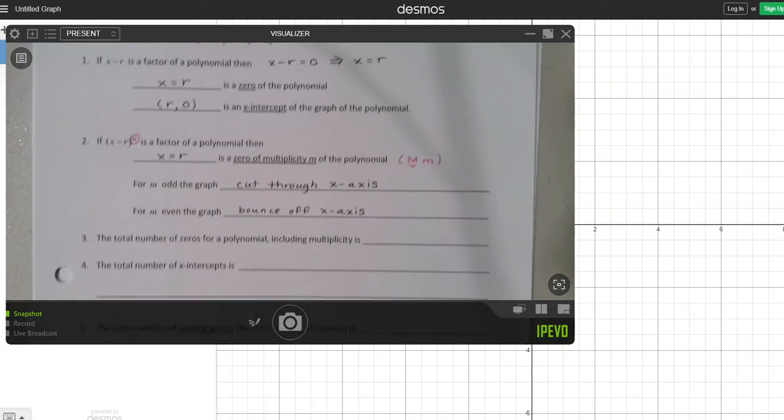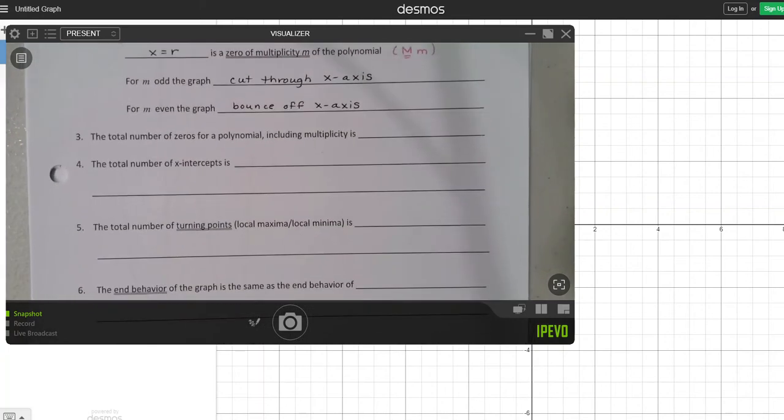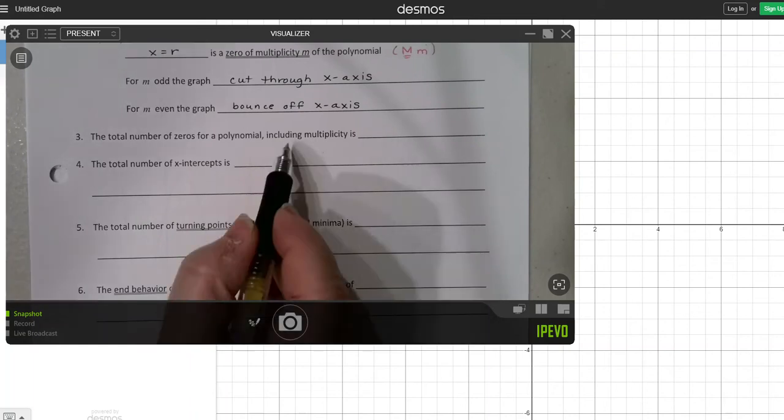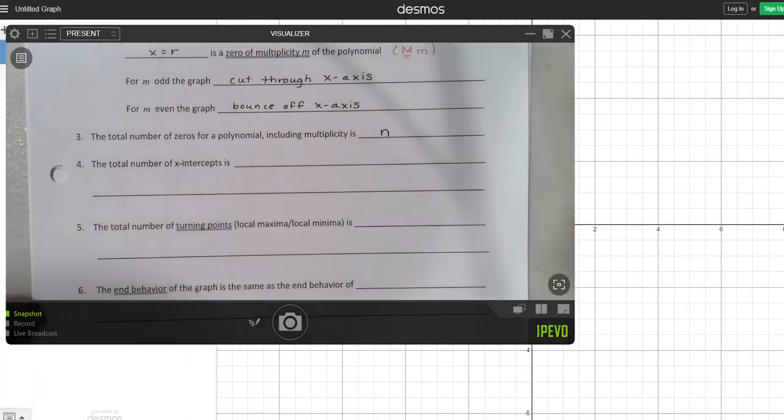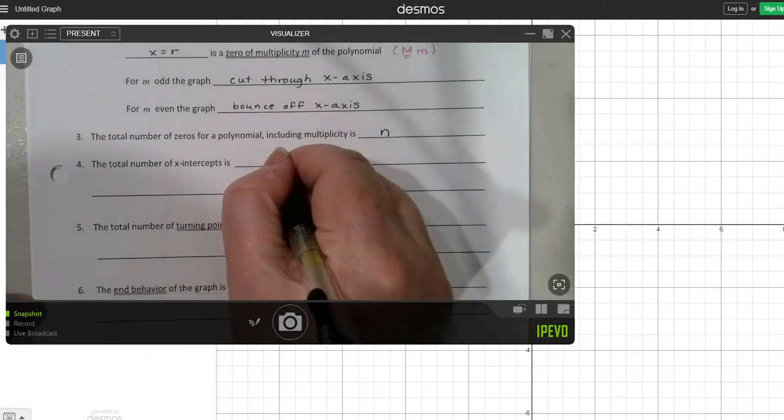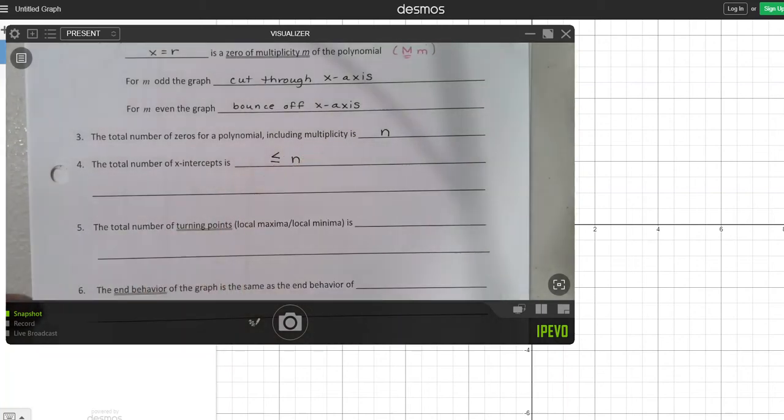All right, zeros versus x-intercepts. If my polynomial has degree n, then there must be n zeros, as long as I count multiplicity. However, only the real valued ones are actually x-intercepts. So that means the total number of x-intercepts is less than or equal to n.